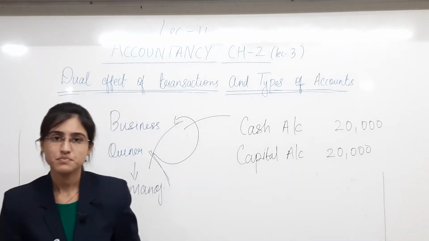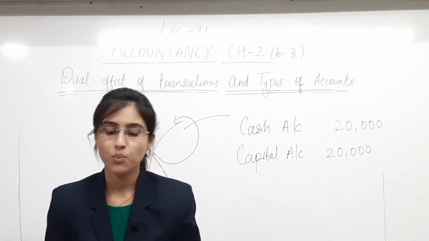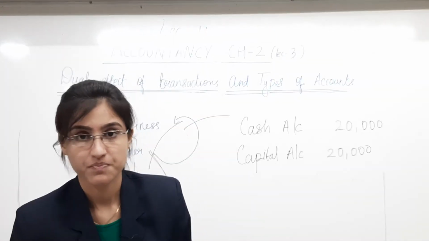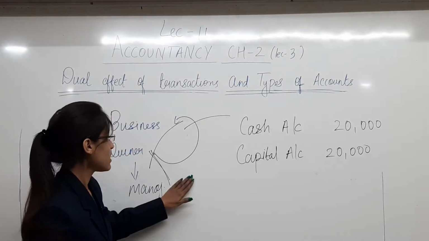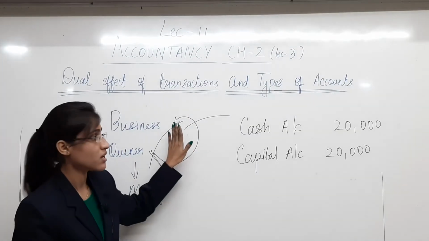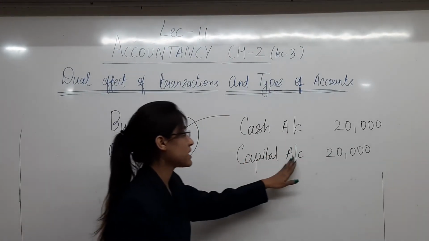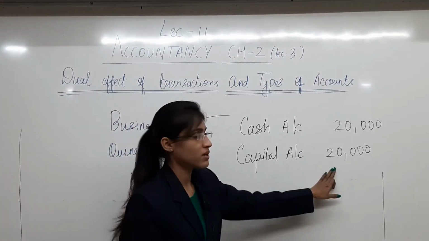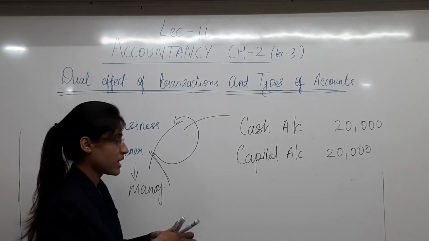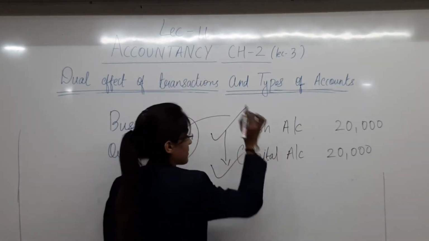I repeat, Manoj commenced business with introduction of capital of rupees 20,000. Manoj is the owner. Owner has brought an amount to start the business. How much did he bring? He brought 20,000. Anything that the owner brings is termed as capital. So capital of 20,000, but what did he bring? He brought cash. So the two effects are that he brought cash, which is termed as capital.